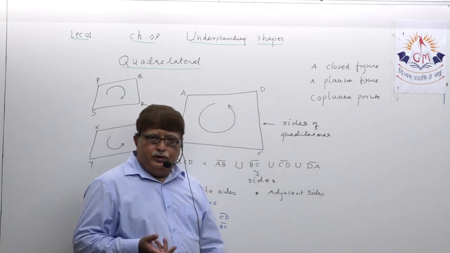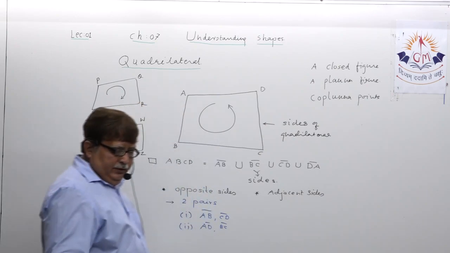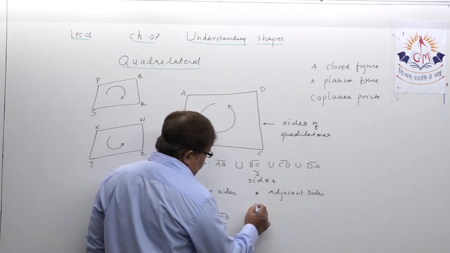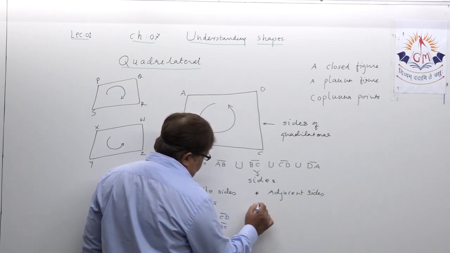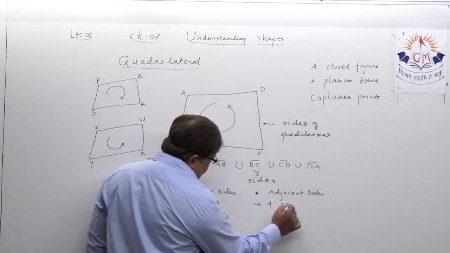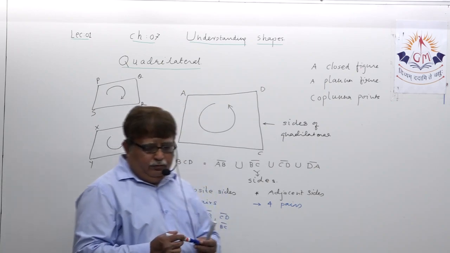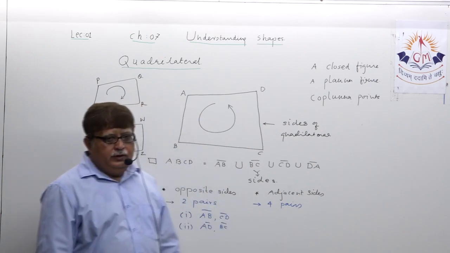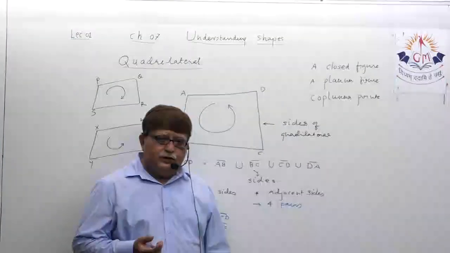Before we define, you must have understood one thing very clearly. How many pairs of adjacent sides are there? Four pairs. And one more thing. Somebody asks you to define adjacent sides.